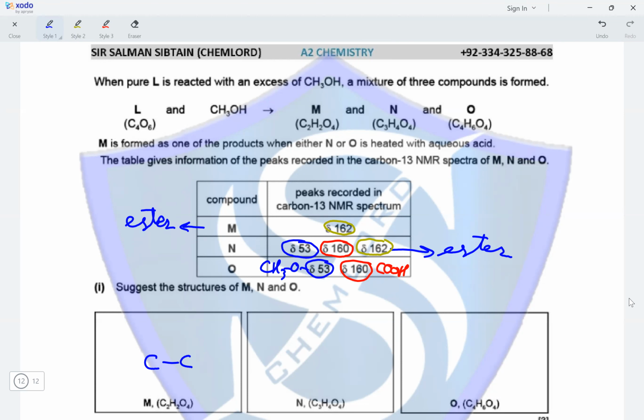So M is not the ester, M is the carboxylic acid, which means 162 is not the ester, 162 is the carboxylic acid, which also means that 160 is the ester. So correcting the misunderstood chemical shift values, 160 stands for ester and 162 stands for the carboxylic acid.